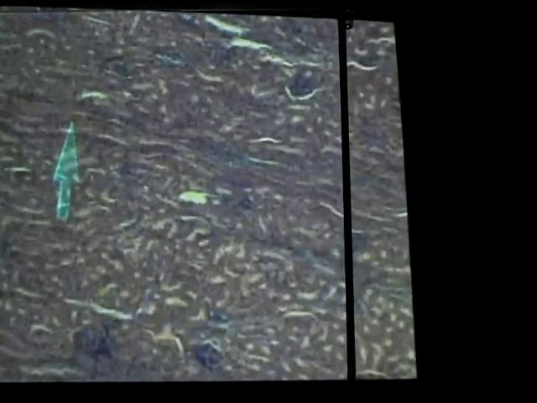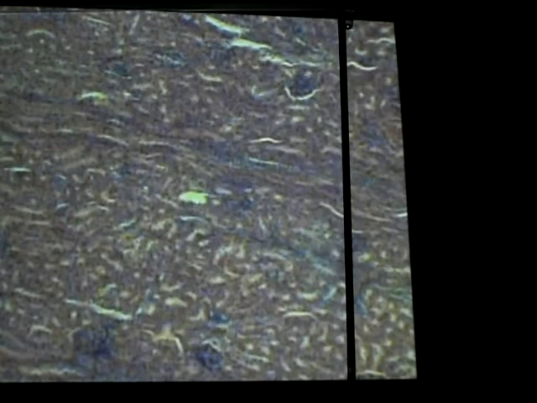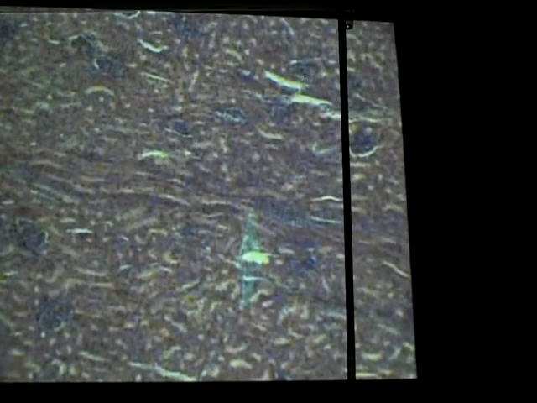So where you're seeing all these corpuscles, that's your cortical labyrinth. In between the cortical labyrinth, you're going to see these areas that have these longer tubules running in the same direction. Those are your medullary rays. That's where you're going to find your thick ascending and descending limbs of the loop of Henle, and you also find your collecting ducts.